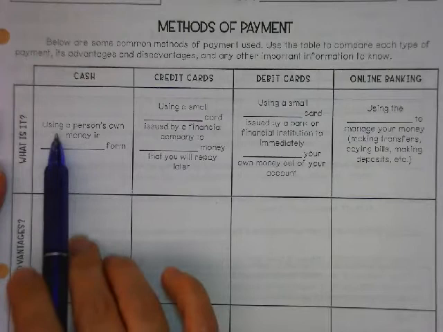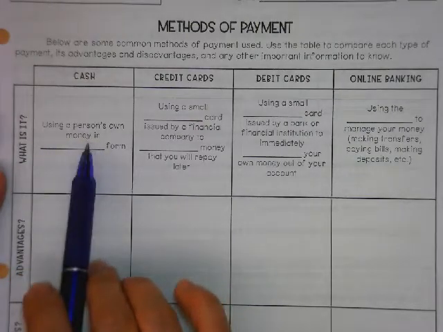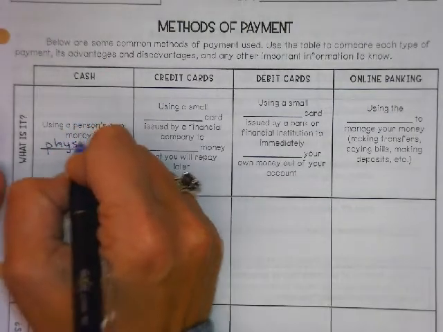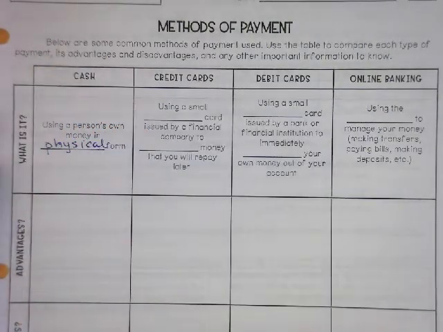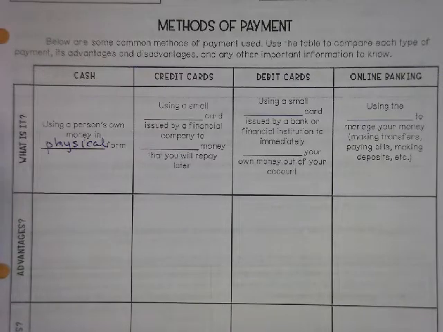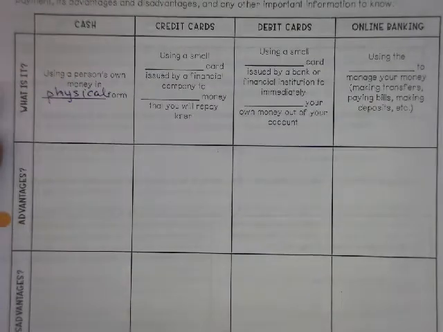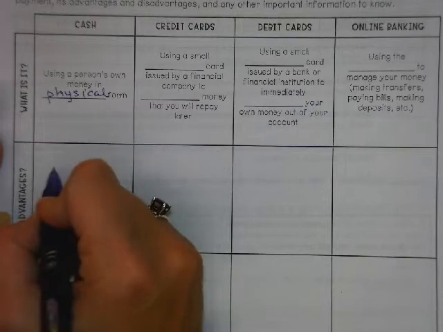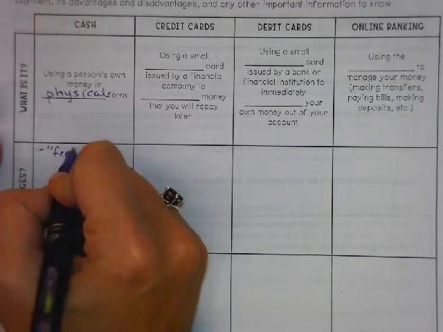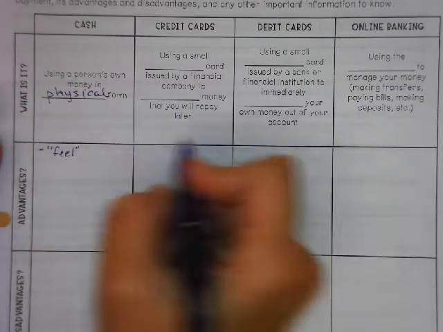So cash, using a person's own money in a physical form, right? So dollar bills, coins. The advantages of cash is it lets you feel the expense, right? You can physically see the money leaving your hand.